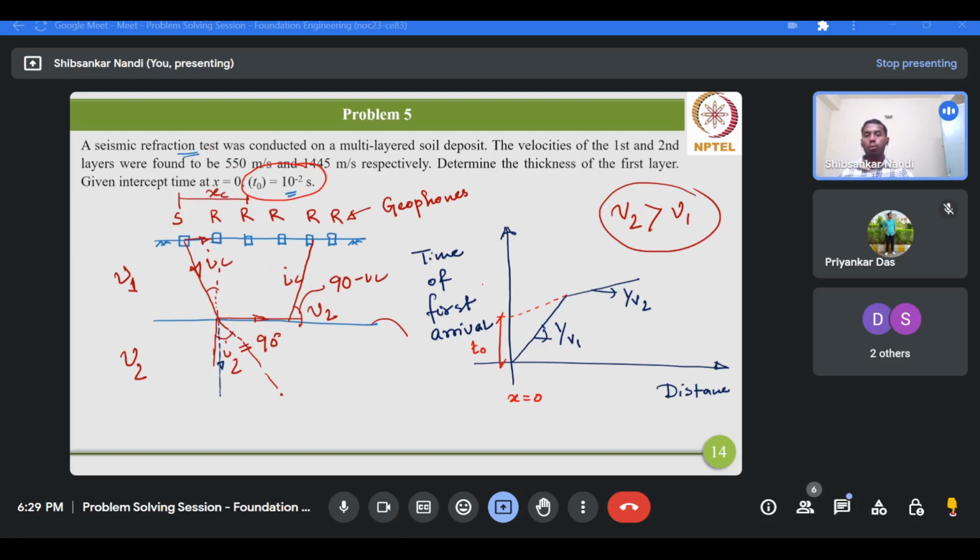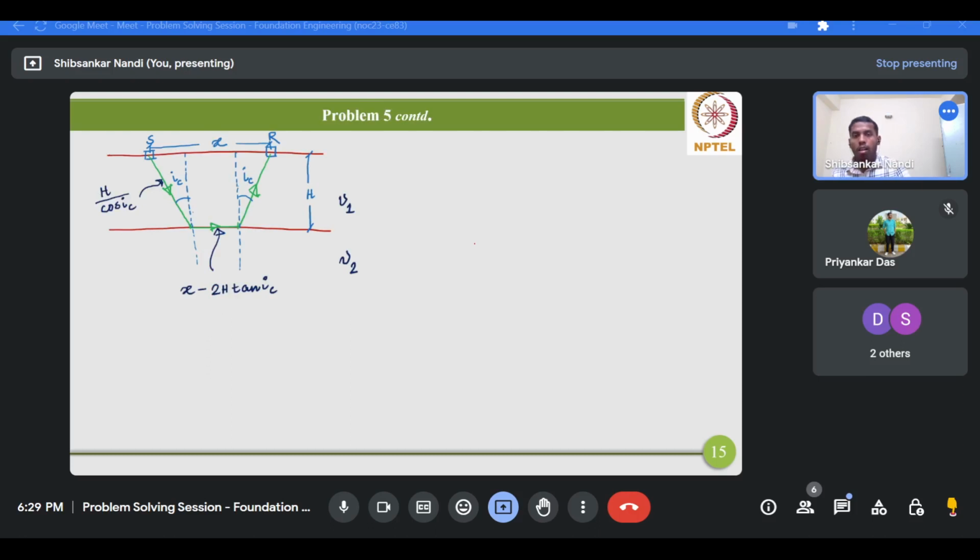Now what we will do, we'll take the help of some trigonometric concepts. First of all, for the direct space wave, what is the time of travel?